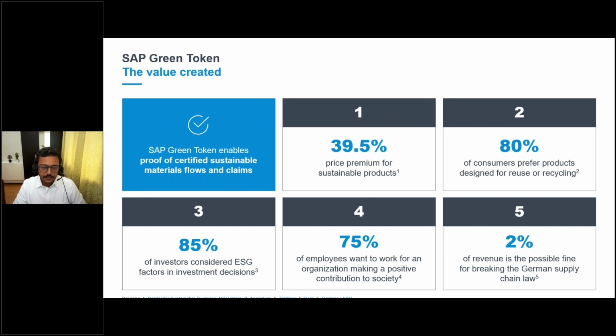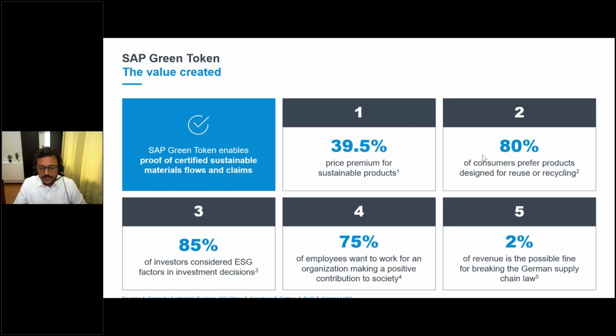But one main reason is that you can charge a premium for products that are sustainably produced, and up to 40% more can be gained from using sustainably sourced materials.